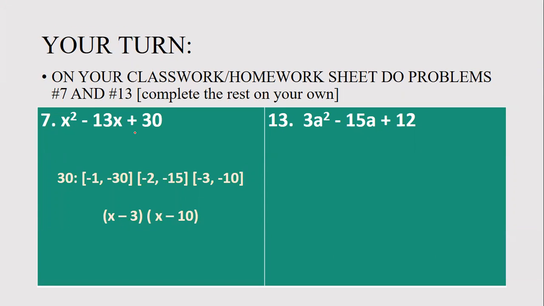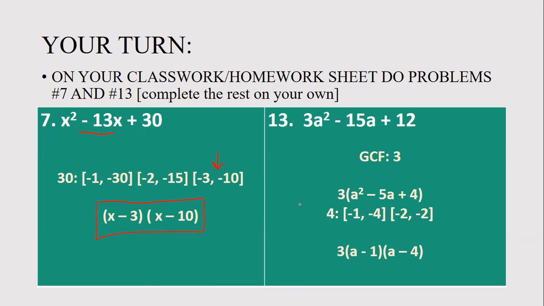So negative times a negative has to equal a positive. So these are my 3 options. Out of these 3 options, which added to give me -13? This guy, -3, -10. So my answer was x minus 3, x minus 10.